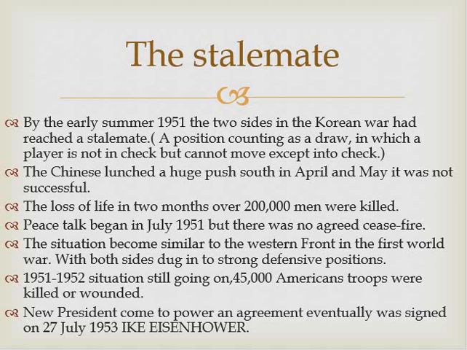Soldiers continued to be killed in large numbers on both sides. Between the start of the talks and November 1952, 45,000, as I said, American troops were killed or wounded.